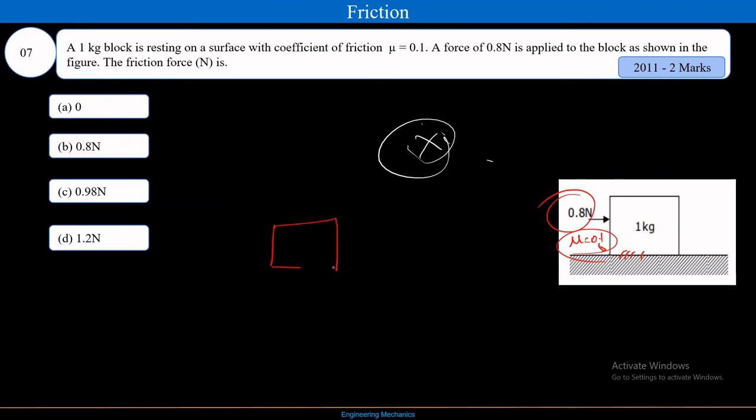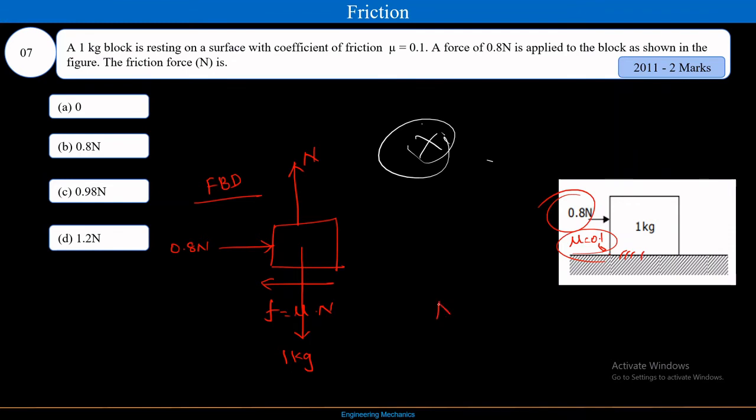This is my block, the free body diagram of the block, and this is my force of 0.8 Newton. As a result, I'll have some frictional force which is mu dot n, and this is my 1 kg, so I'll have a normal force here.